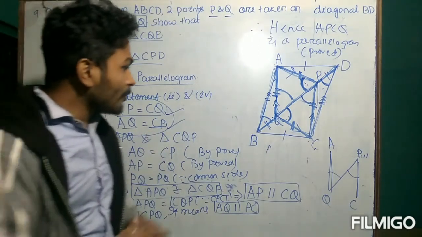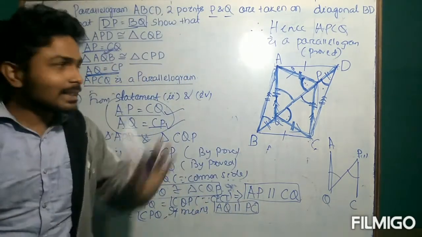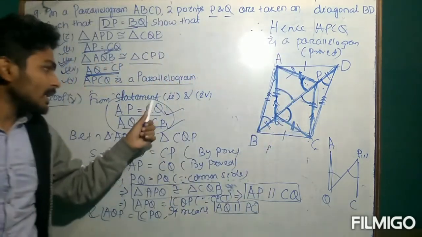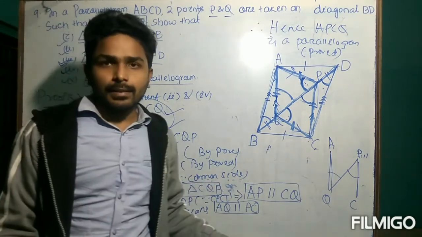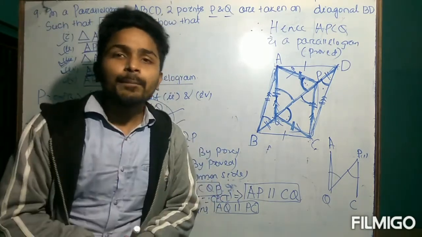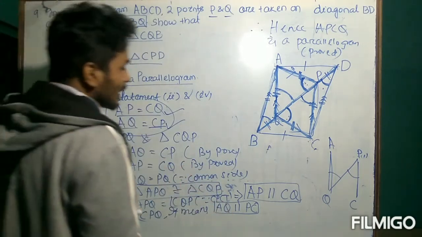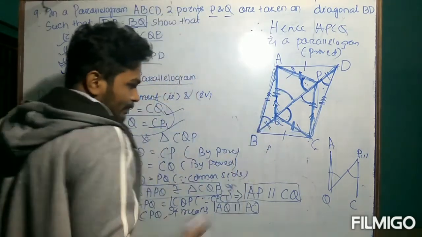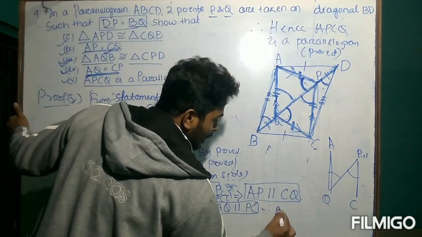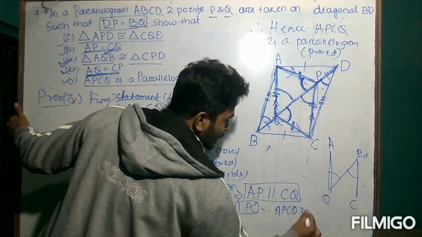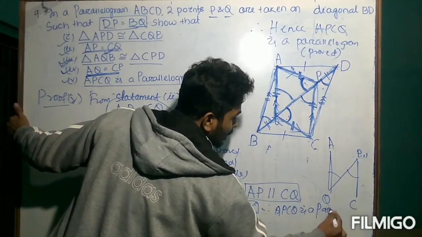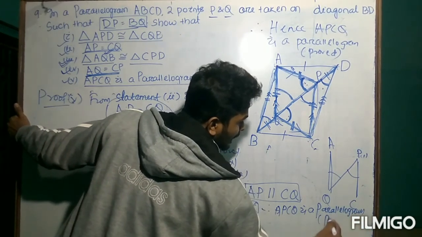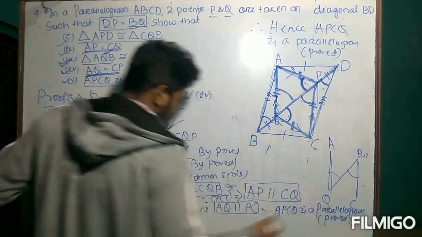Understood? So finally what have we concluded? We have concluded in this quadrilateral APCQ the pairs of opposite sides are equal as well as parallel. It means it must be a parallelogram. So simply you can write that APCQ is a parallelogram. Right? So hence APCQ is a parallelogram. Okay, so it is now clear.